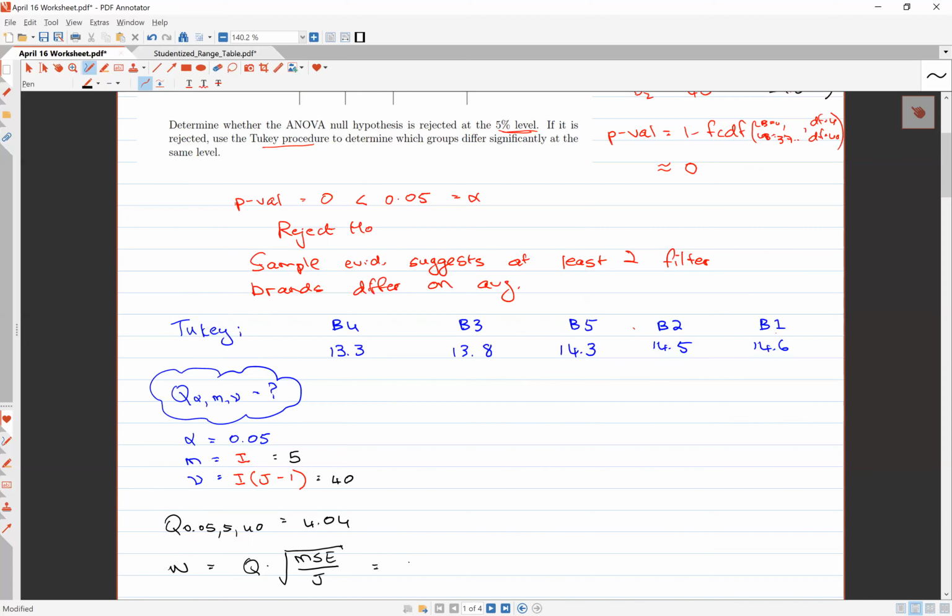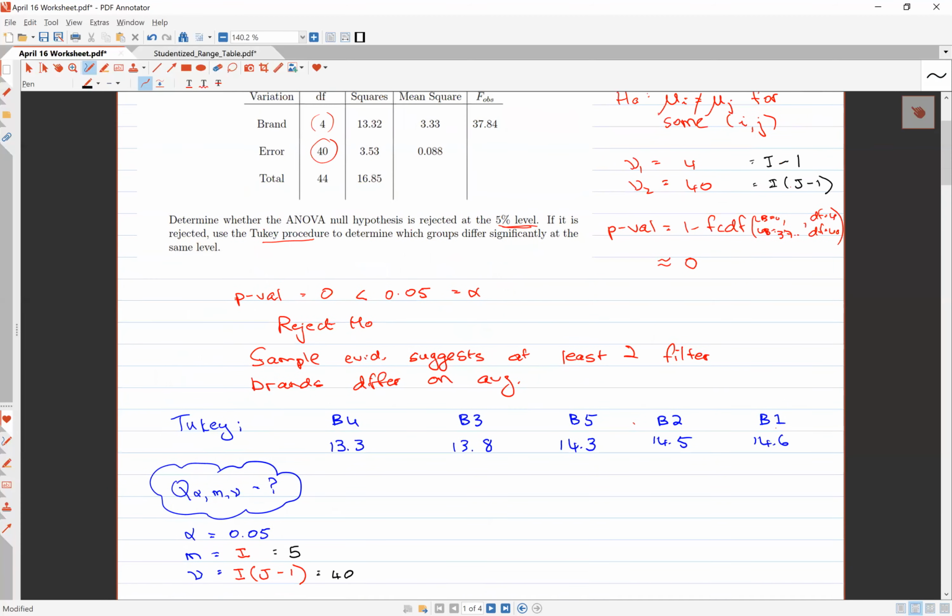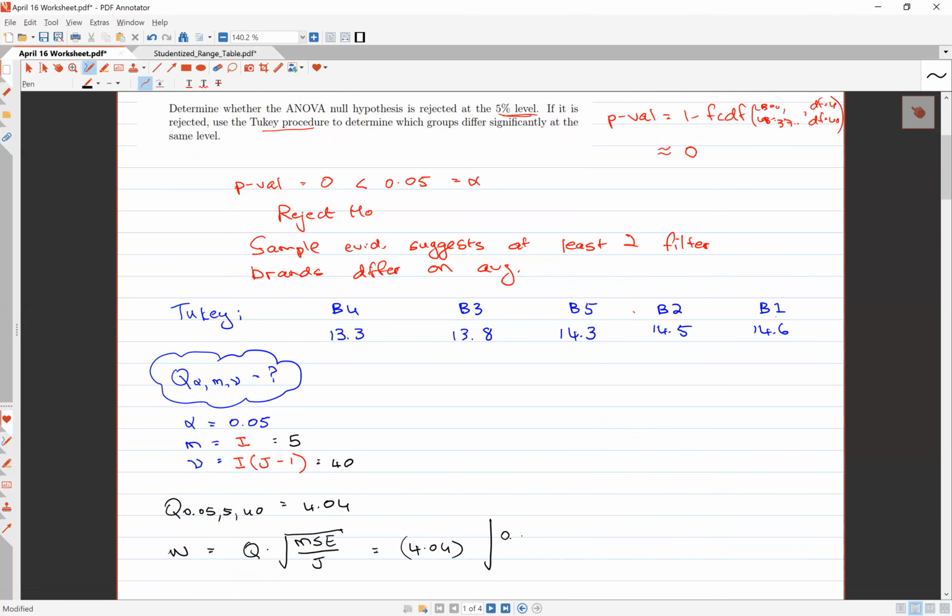So in this case, our width is given by 4.04 times the square root of, if you read the table, mean square error is pretty small, 0.088, and J is the number of observations per group, which in this case is 9. So if we evaluate this, I'm just going to round it here.